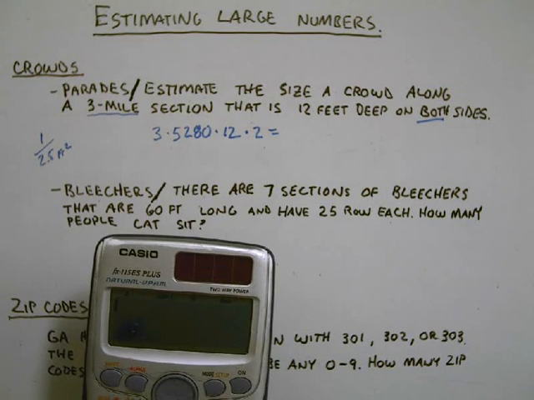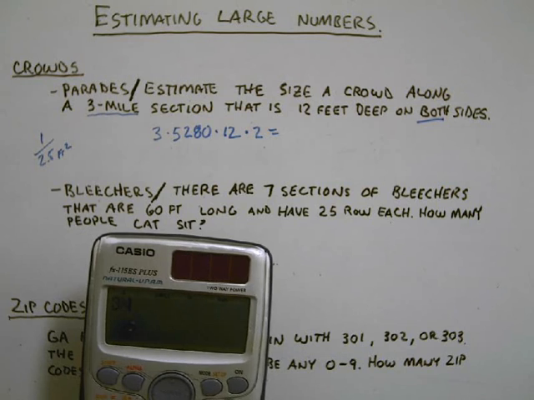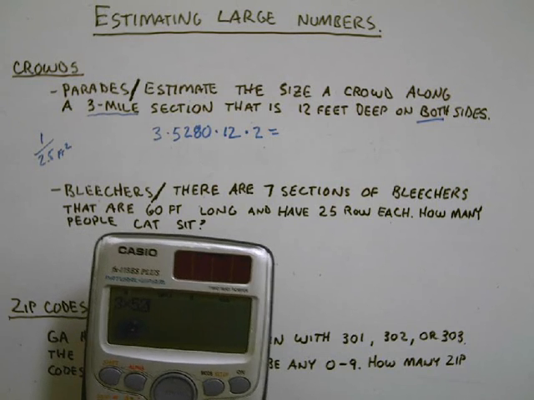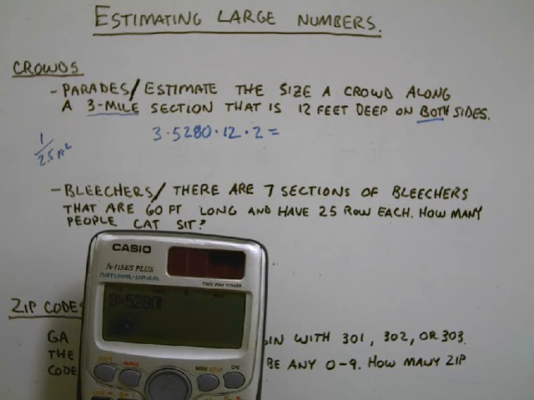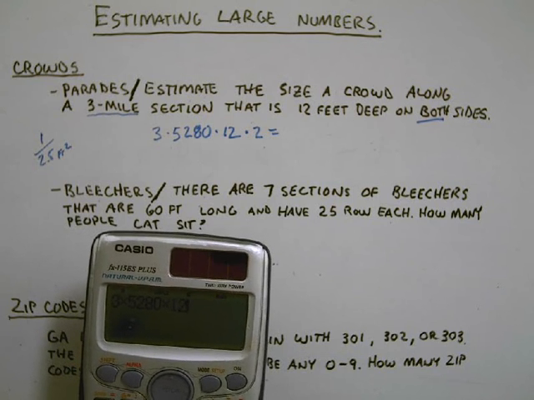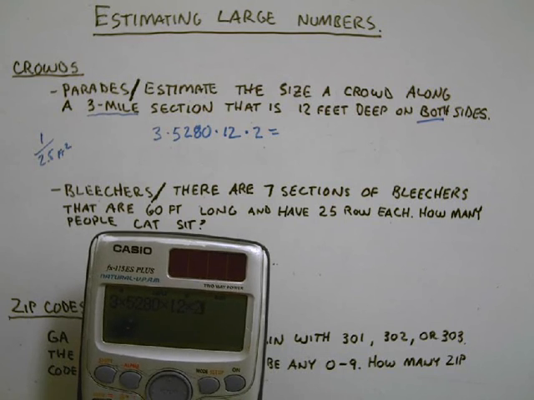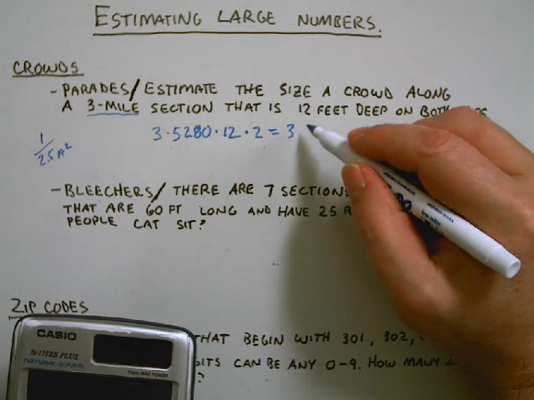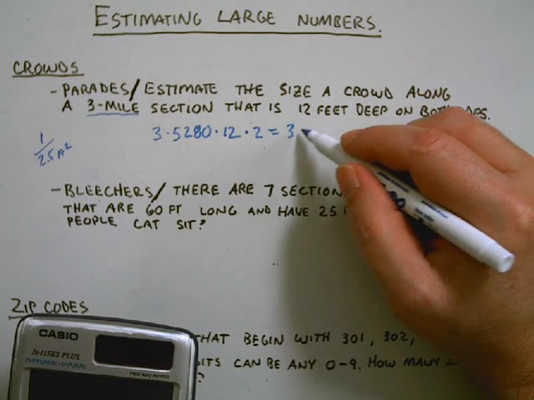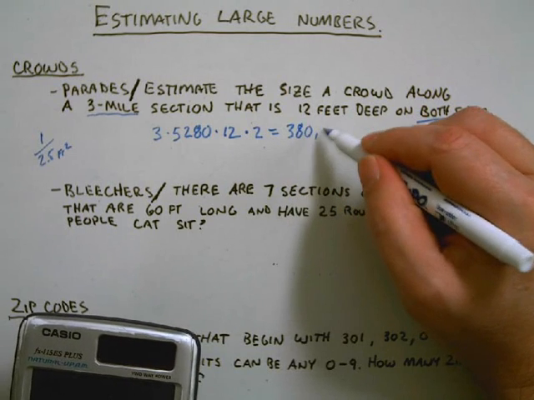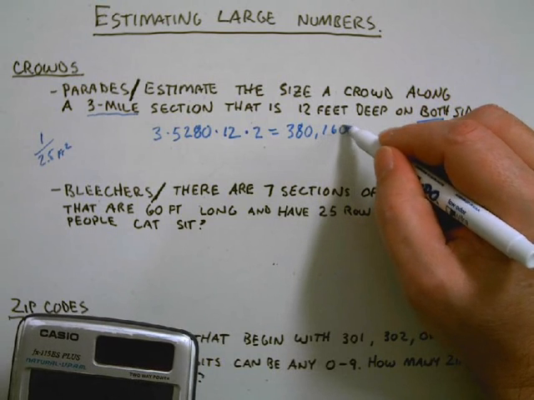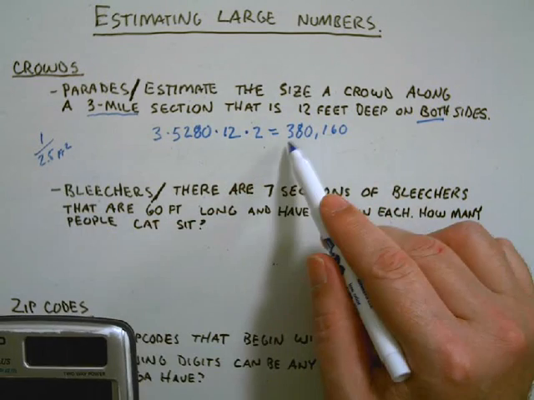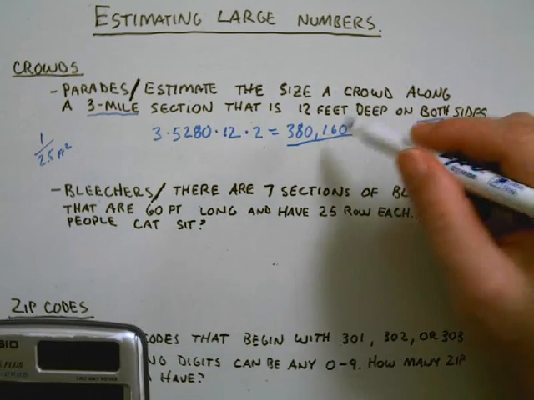When the numbers get big, it's probably beneficial to use a calculator. 5,280 times 12 times 2, and you end up with 380,160.